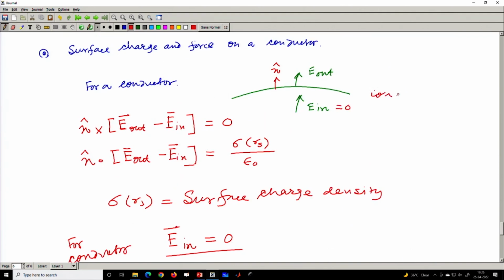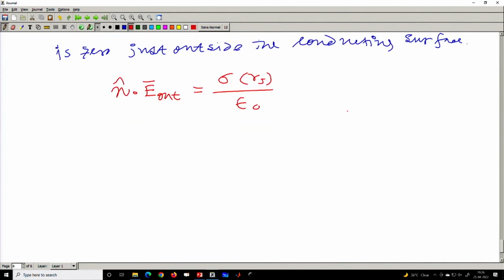If this is a conductor, then inside the conductor we should have 0 field. So, from here we have a well known equation: the electric field just outside is sigma R s divided by epsilon 0 in the unit vector direction. That expression we already figured out in the last class.